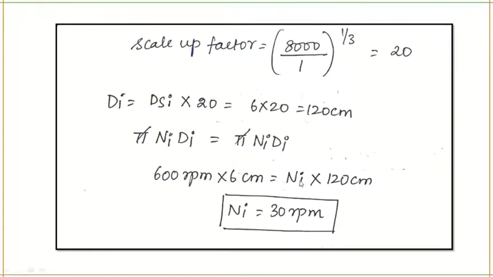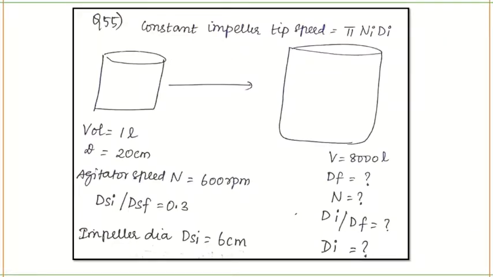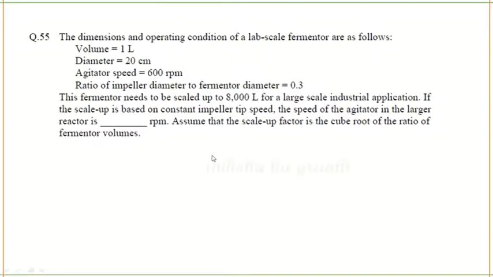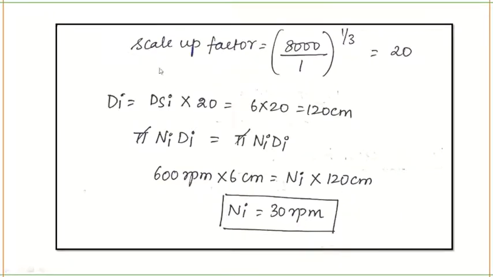N you have to find out, that is the RPM of the larger fermenter, the agitator speed, and for the impeller diameter we have calculated using the scale up formula, that is 120 centimeter. If you equate this equation, you will get the agitator speed for the larger fermenter to be 30 rpm. Very simple question. You simply have to know what is given in the question and how to follow up.